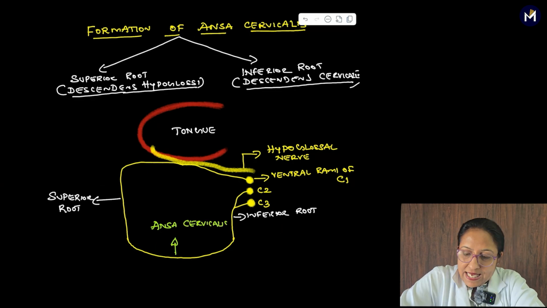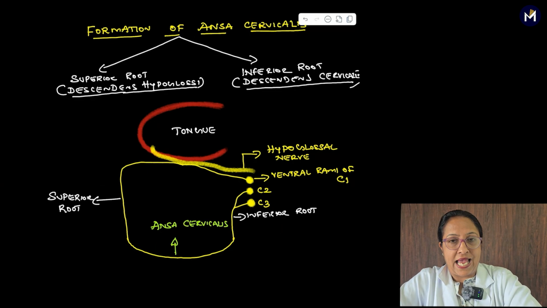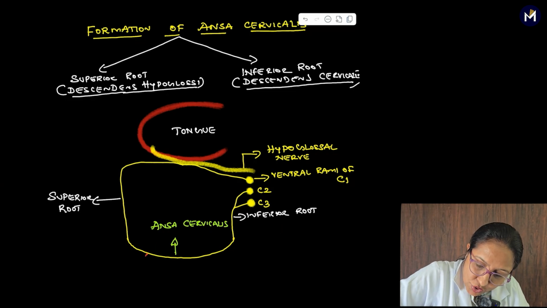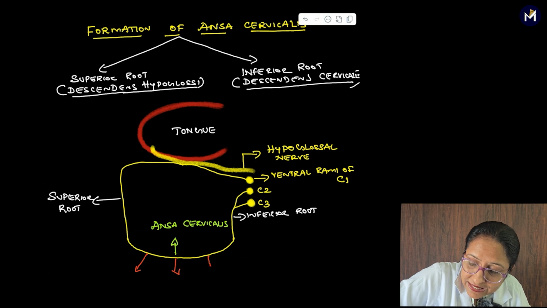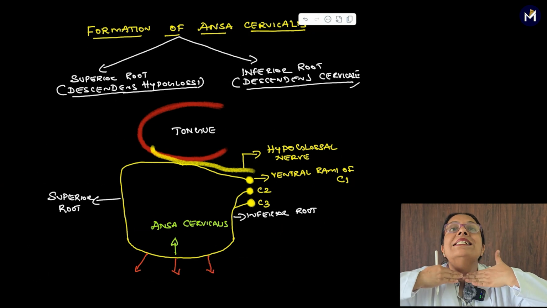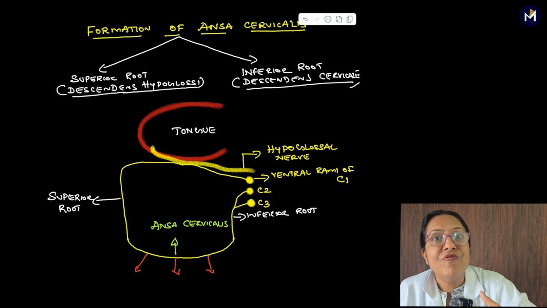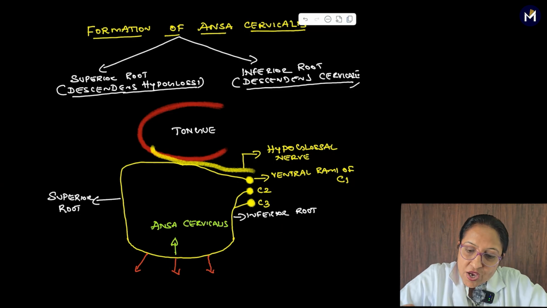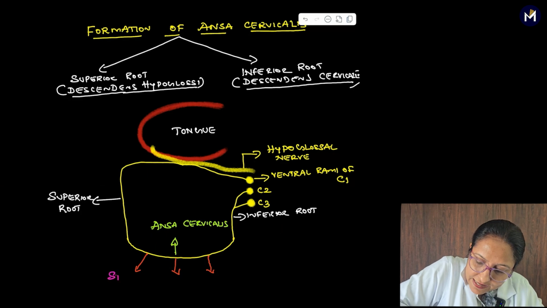This Ansa cervicalis will supply three muscles. So, the way to remember which muscles, you can see the arrows are directed downwards. So, what are the muscles down over here? They are infrahyoid muscles. So, this Ansa cervicalis will supply sternohyoid.